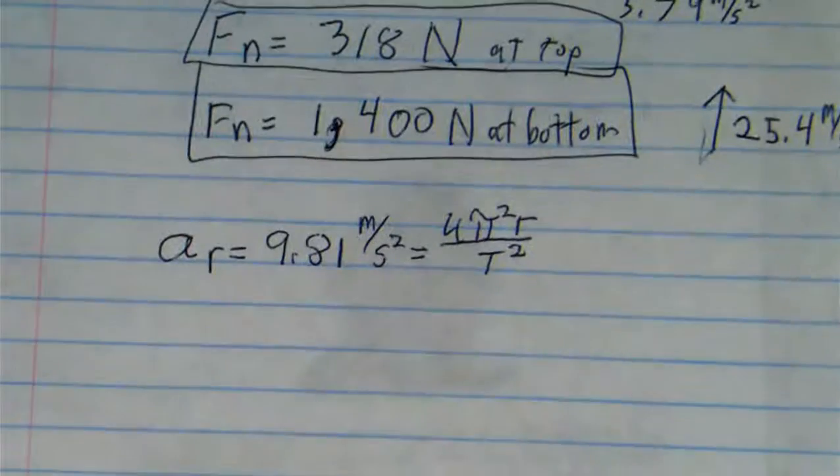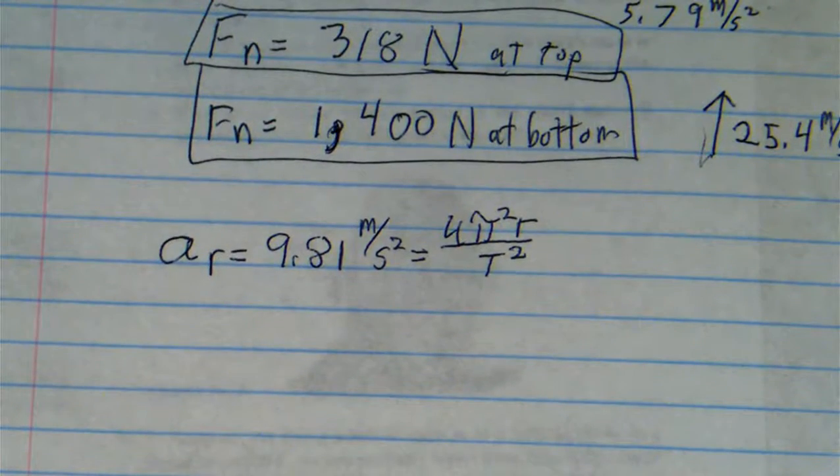So we're solving for a situation where the radial acceleration is equal to 9.81 meters per second squared, and that is set equal to 4 pi squared r divided by t squared. And now you rearrange that equation and solve for t, the period. So 4 pi squared times 8 divided by 9.81.